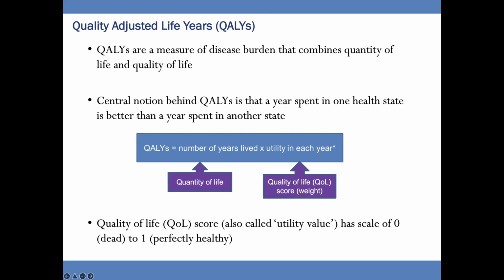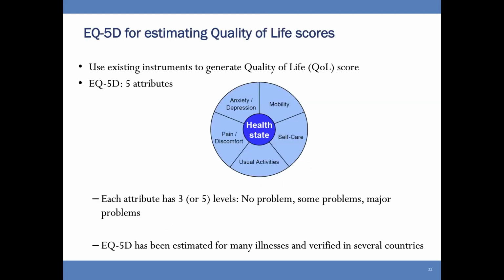Okay. So now I'm going to talk about how we calculate the quality of life here. As one participant asked me earlier, there are different methods to measure quality of life, but one of the most common and very simple ways to do it is an instrument called EQ5D.